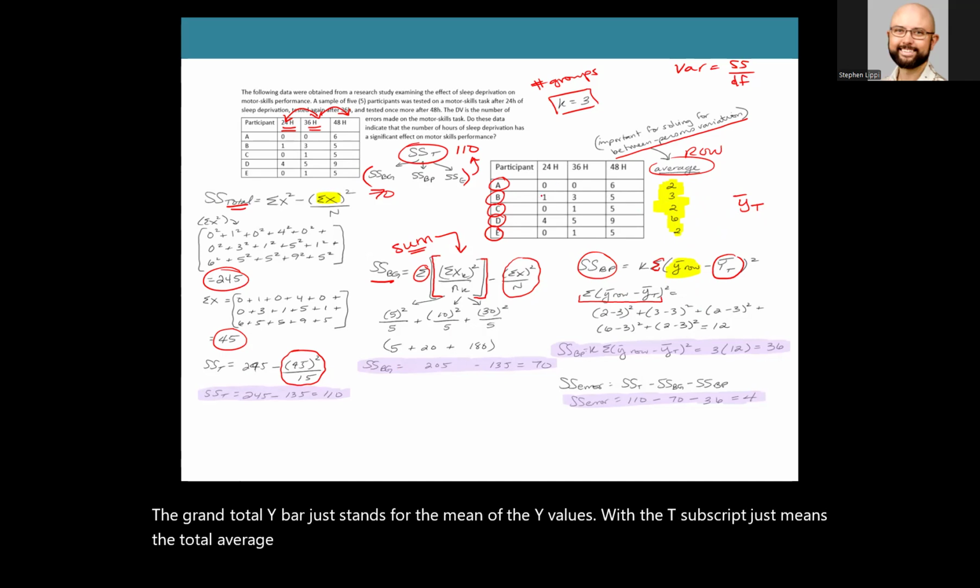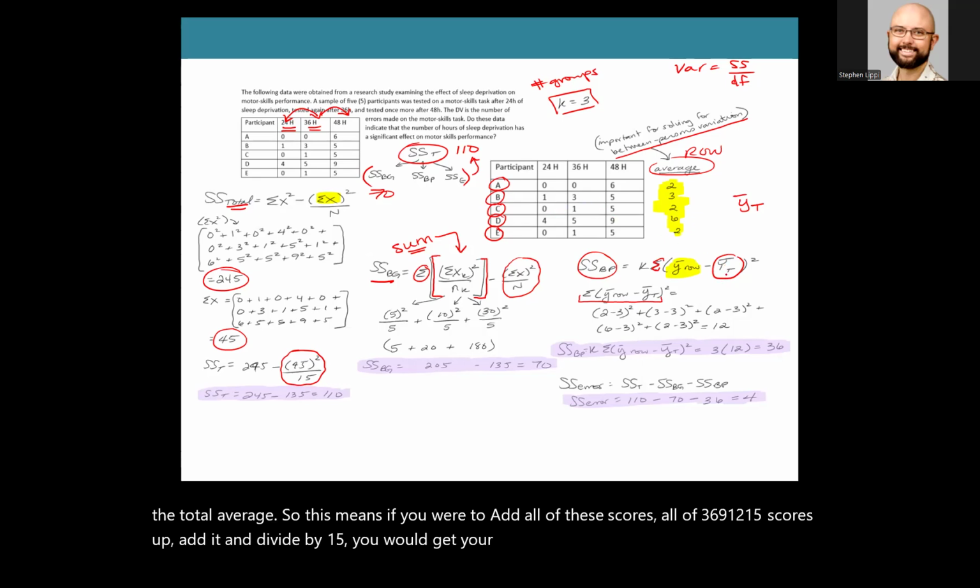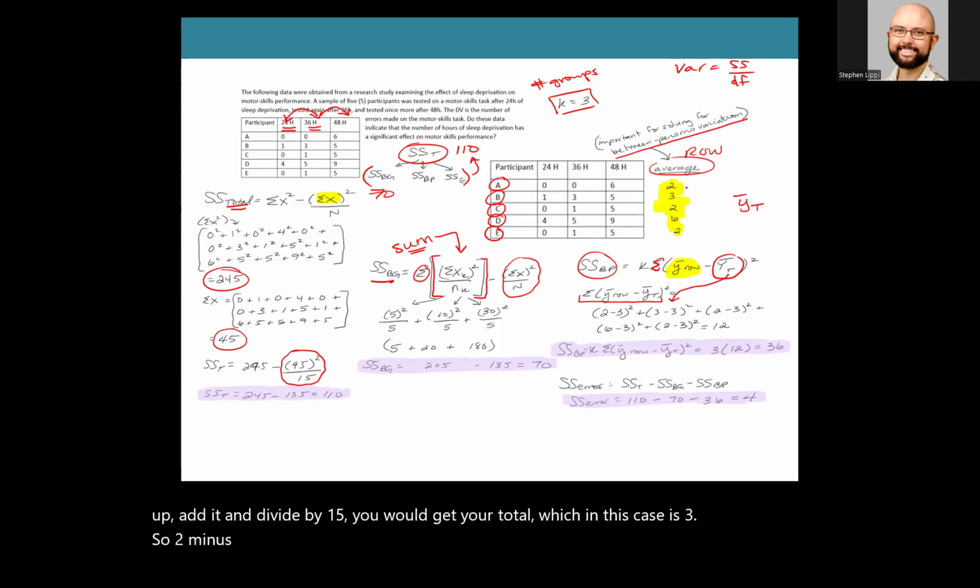So if you were to add all of these 15 scores up and divide by 15, you would get your total, which in this case is 3. So 2 minus 3 squared plus 3 minus 3 squared plus 2 minus 3 squared plus 6 minus 3 squared plus 2 minus 3 squared gives us 12.